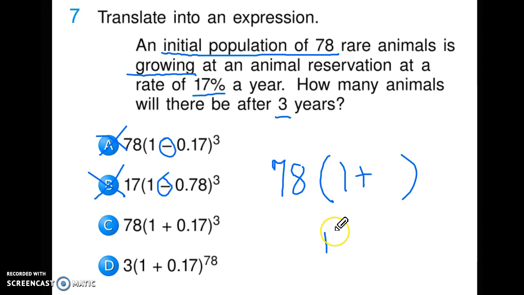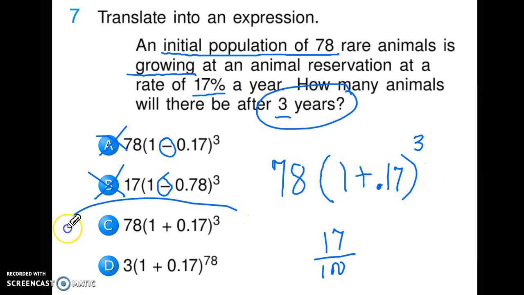So when we take 17 and divide it by 100, then we get 0.17 or 17 hundredths. And then we always raise it to the third power because that's our time. So our time becomes our exponent. So our answer on this problem would be C.